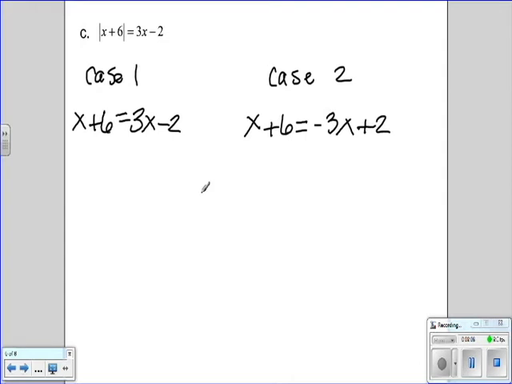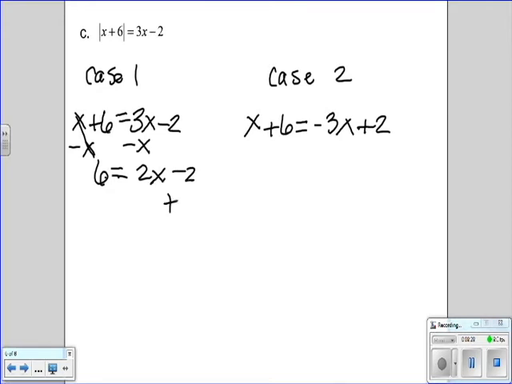Okay, notice that the x plus 6 is the same in both equations. So now we have to solve. All right, I'm going to start with case 1. I'm going to start by subtracting x on both sides. These cancel out and I get 6 equals 3x minus x is 2x minus 2.